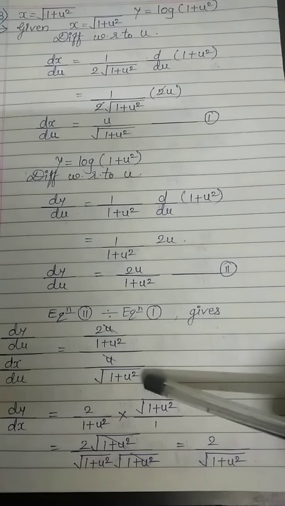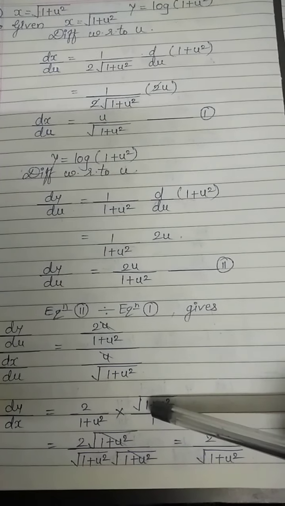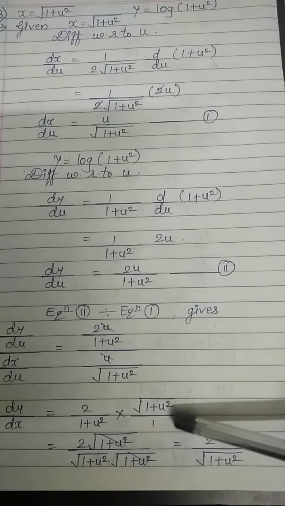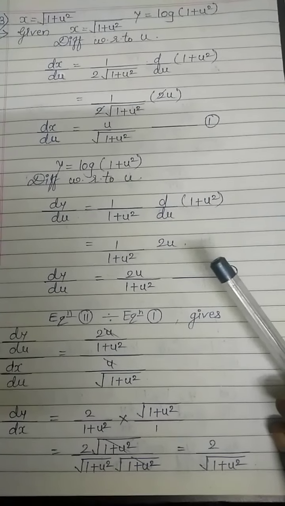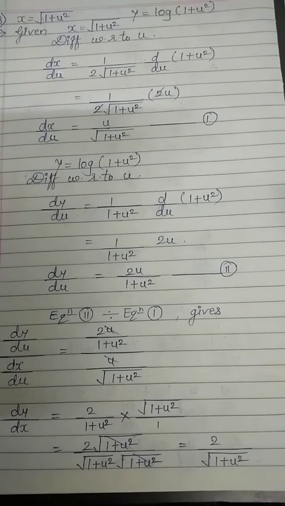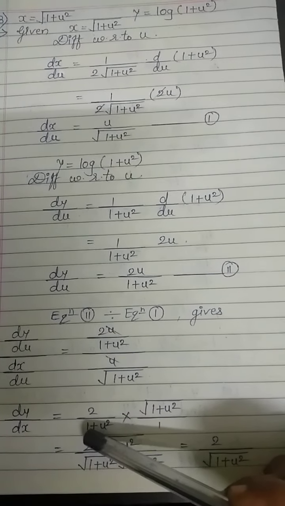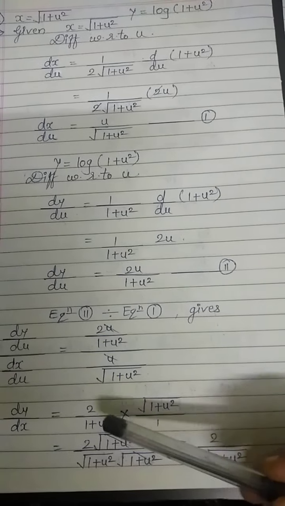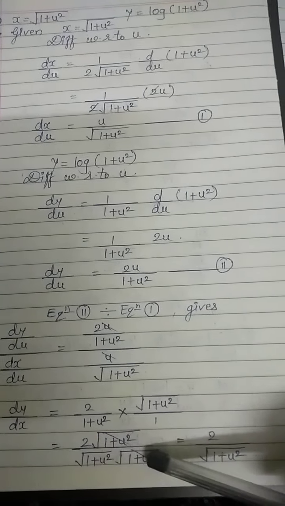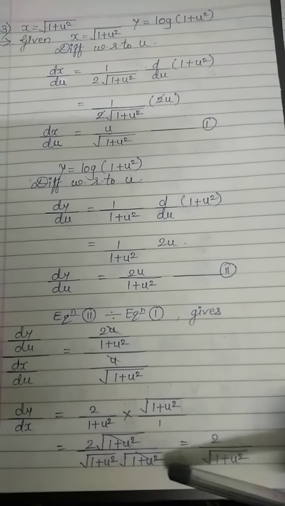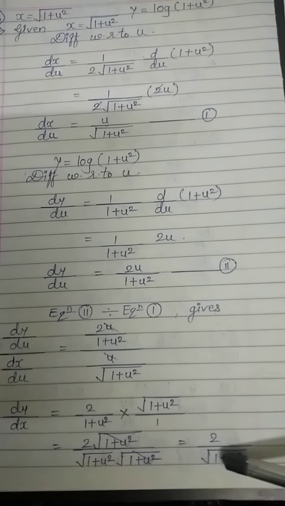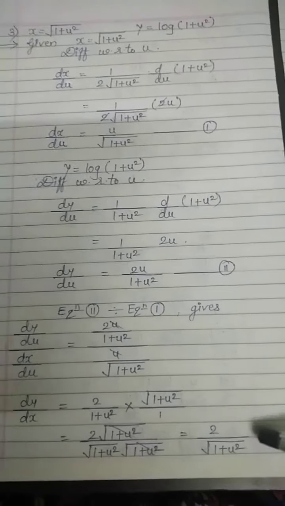This division term we will write in the form of multiplication, that is into under root 1 plus u square upon 1. Now we know that root 2 into root 2 is 2. So here instead of 1 plus u square, we can write the same term 2 times in the root, so that one root will get cancelled. So the answer will be 2 upon under root 1 plus u square.